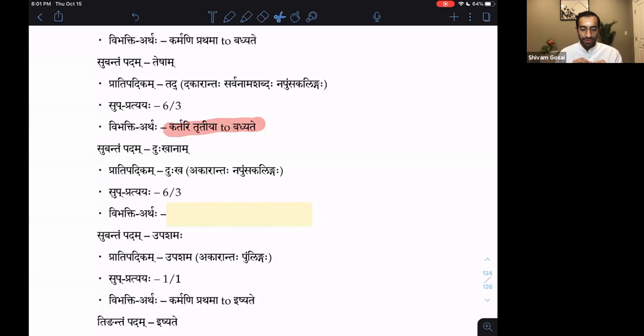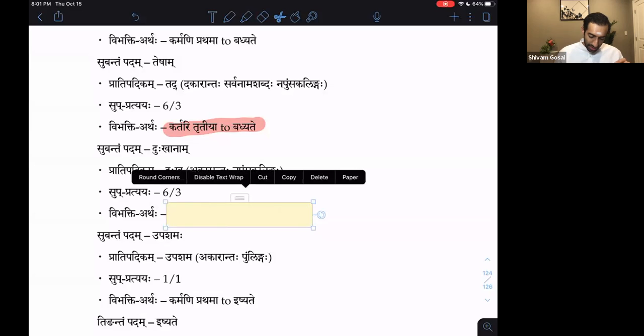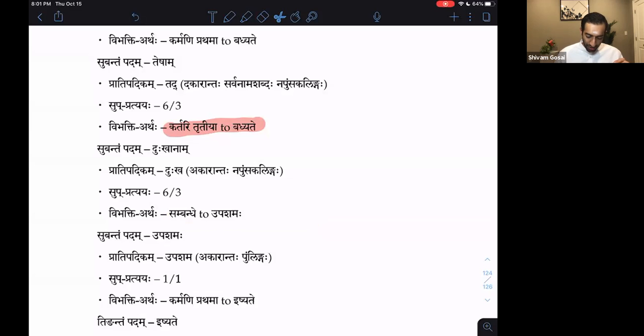Yep, most common for sixth case is sambandha shashthi to upashamah, right? Because we're talking about the resolution of duhkha. So it's connected to upashama. So the resolution of those duhkhas is desired.